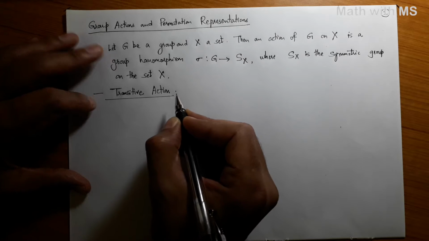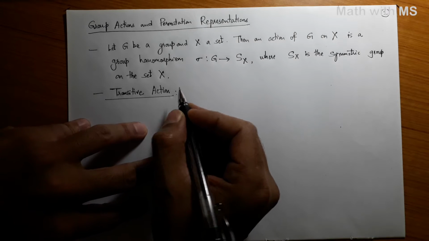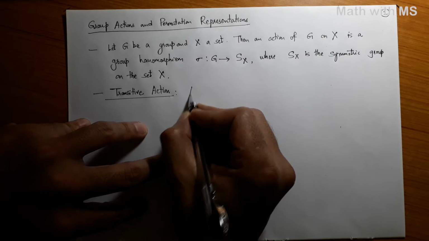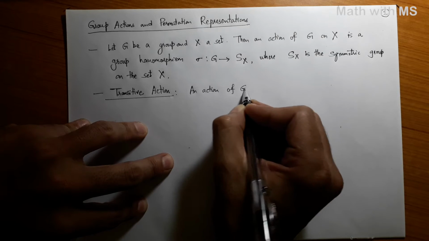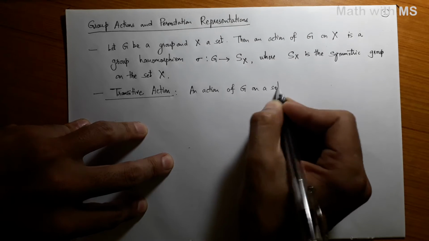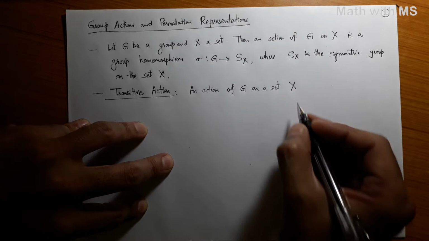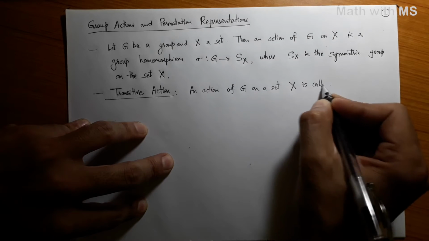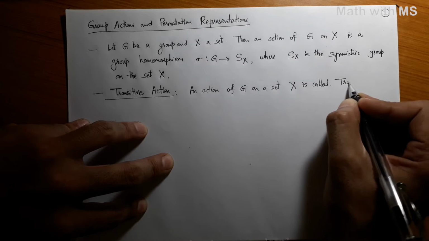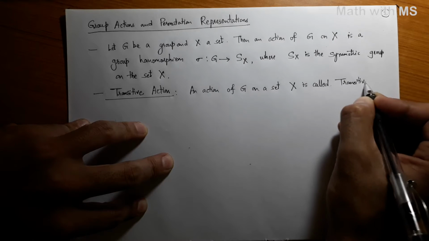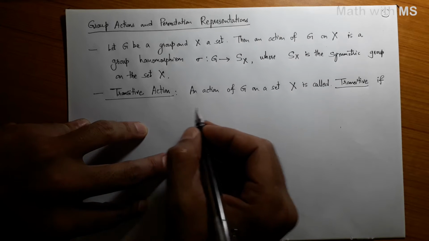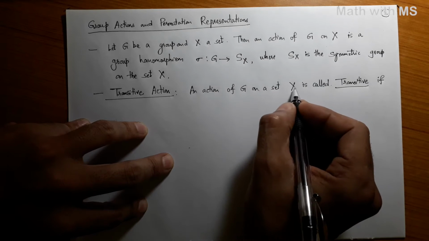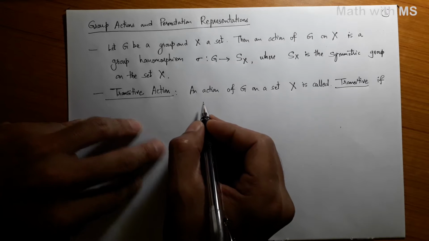This idea is going to play a major role in this lecture. An action of G on a set X is called transitive if, given two elements x and y of the set X, there is a group element which maps one to the other.